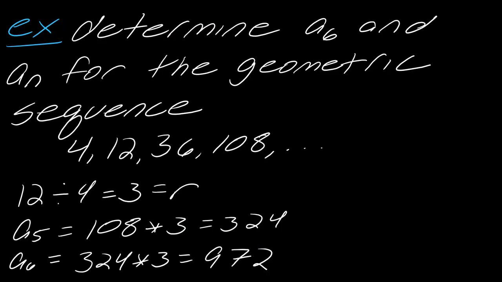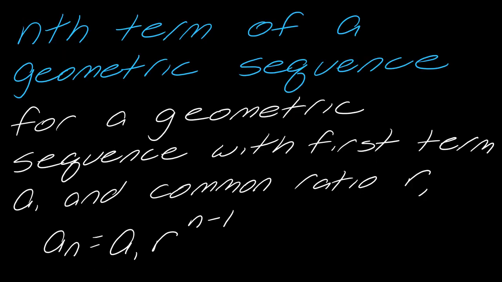So for A sub n in this scenario, the first term was 4, and then we take times 3 to the n minus 1. That's what this looks like in this context. This little fact here is a very helpful formula.